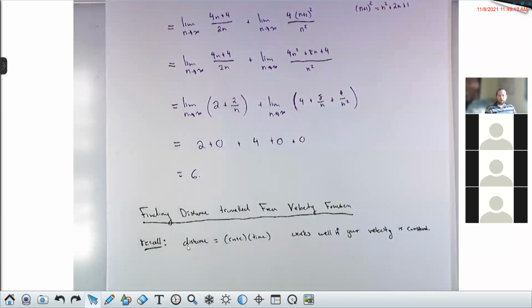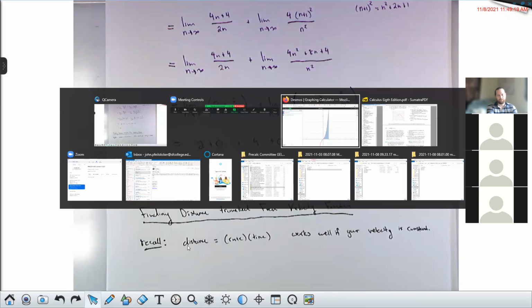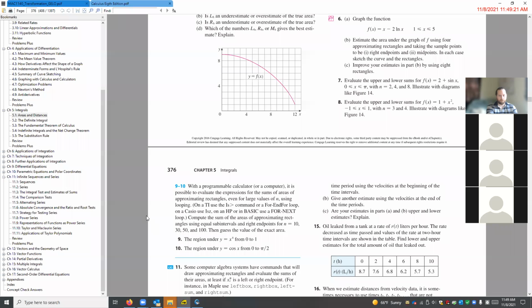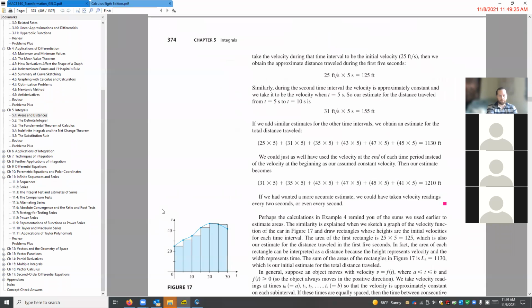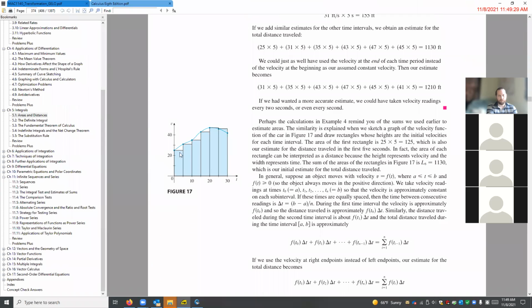Well, what am I doing when I build a Riemann sum? Let's look at a picture. When I draw these rectangles, what am I really doing? I'm pretending like this function is constant over this subinterval.